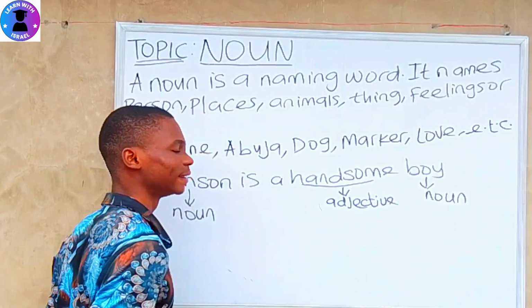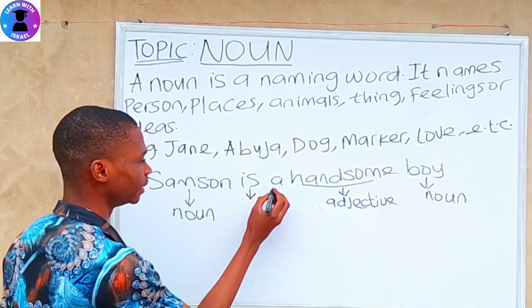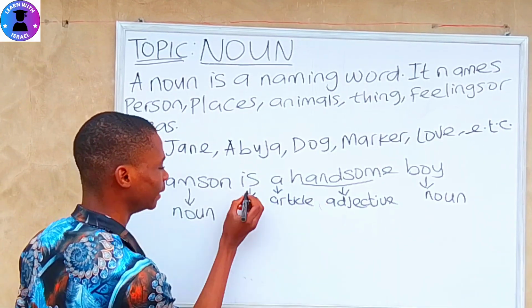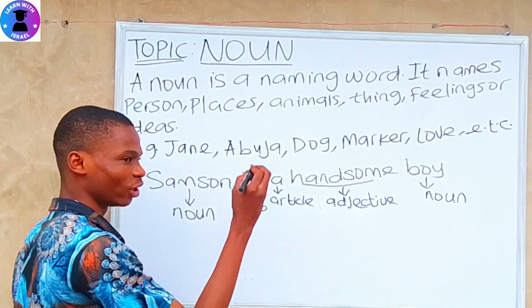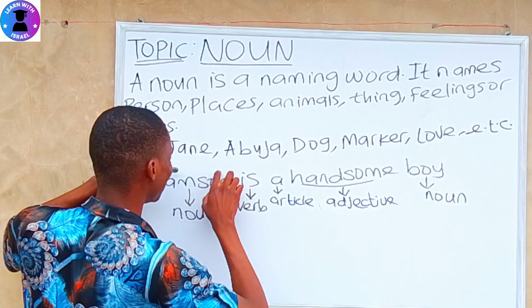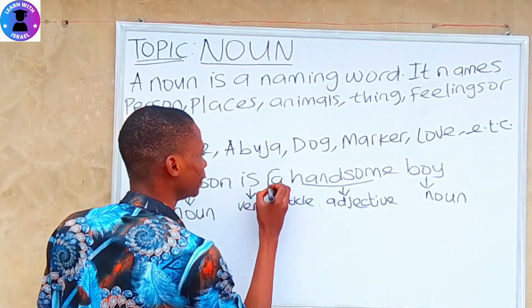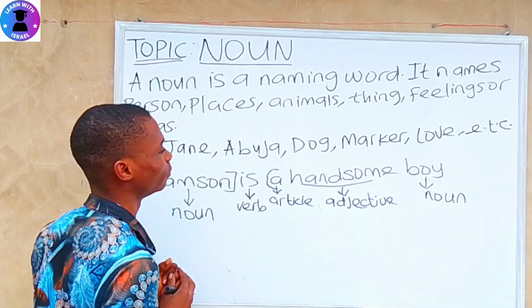What we are treating is noun, and this is a verb. I hope you know, this a is article, and this is a verb, and not just a verb. It is a linking verb. It is linking the noun and a handsome boy.